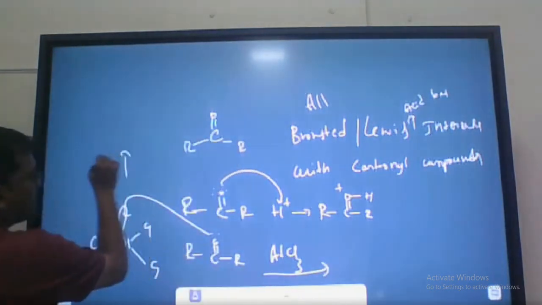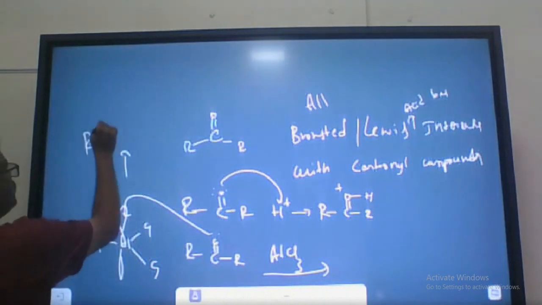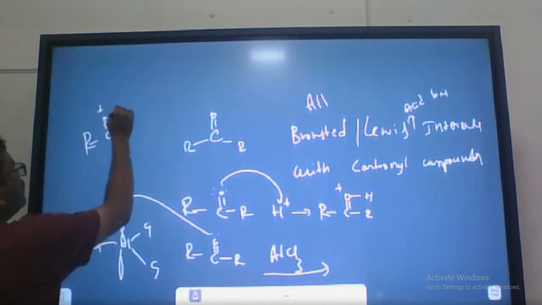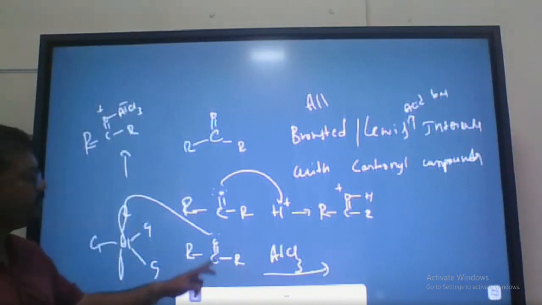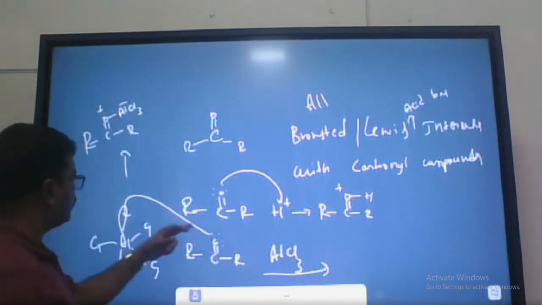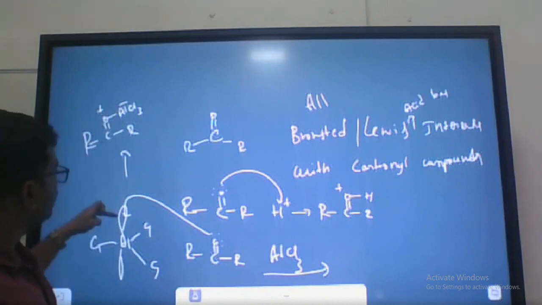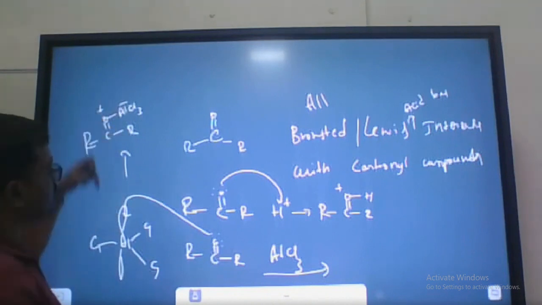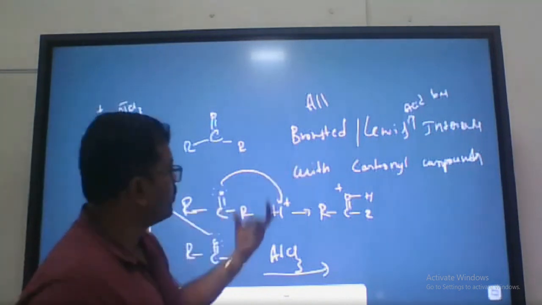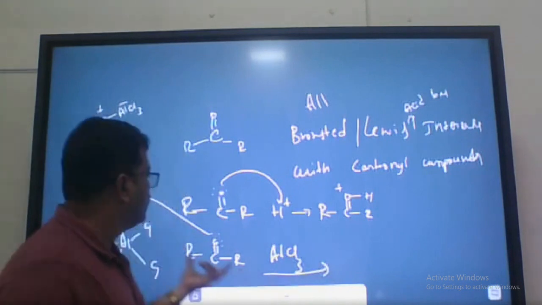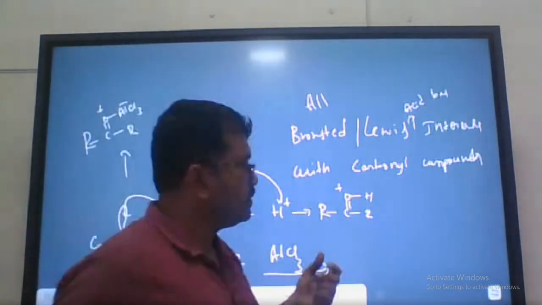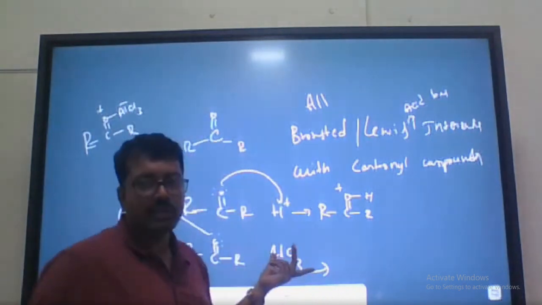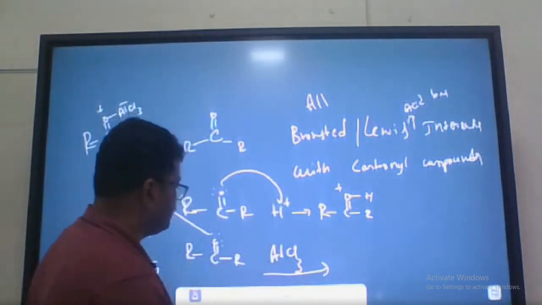We form this R2C plus, AlF3 minus, and this is R2, rich in electron, minus. See, the Lewis and Bronsted acid interact with these carbonyl compounds.